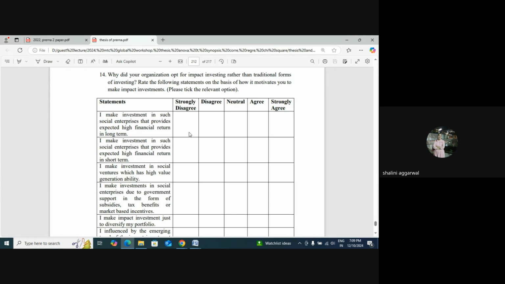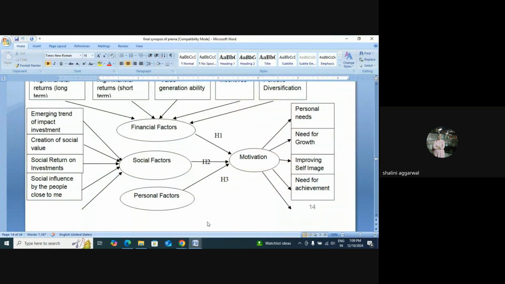One is the basic demographic profile of the respondent, and second is related to the variables, right? According to this first model, the different variables are financial factors, social factors, personal and motivational factors. So one part of the questionnaire will be with respect to these variables.